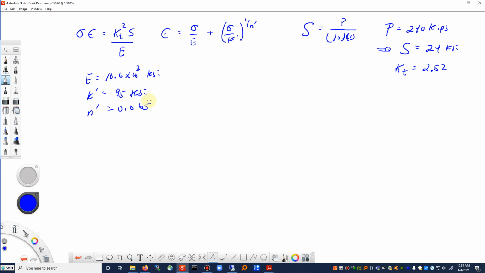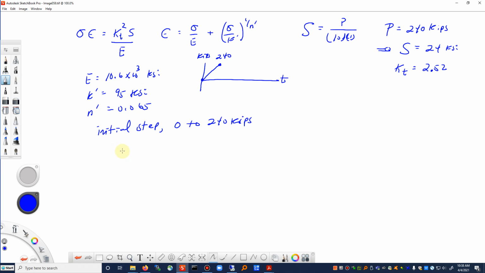All right, so let's set up our equation. So our time history, the initial step is going to be from 0 all the way up to 240 kips. All right, so let's see. We have sigma times epsilon.